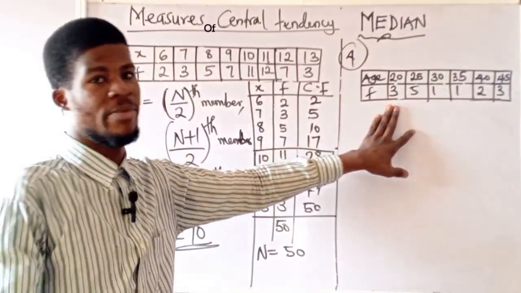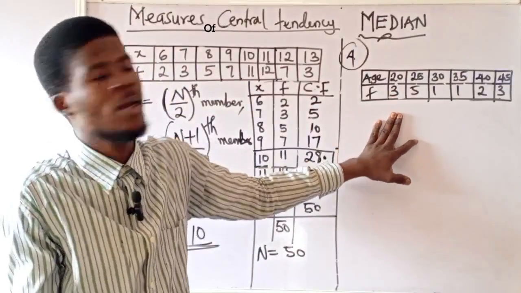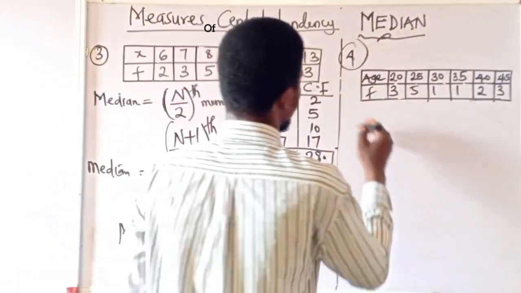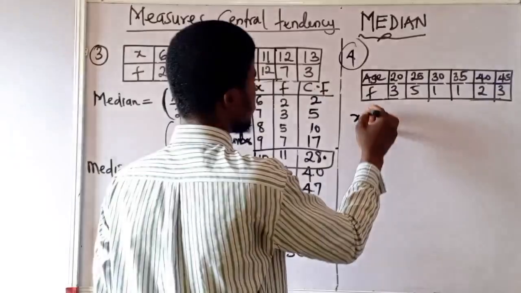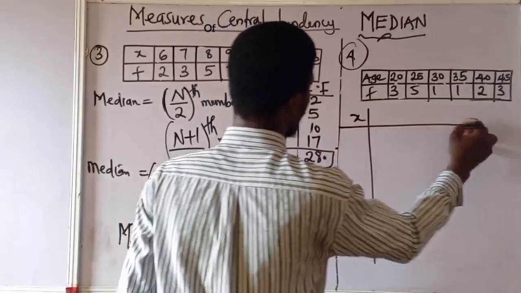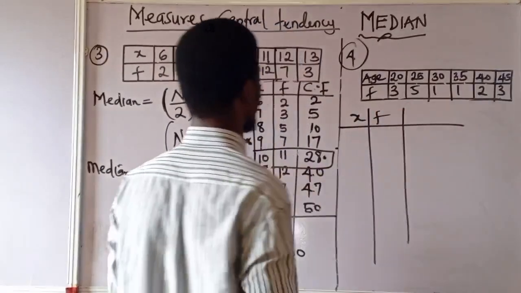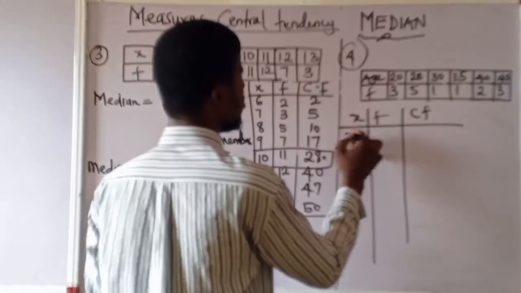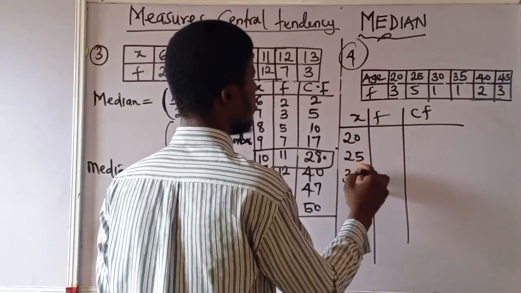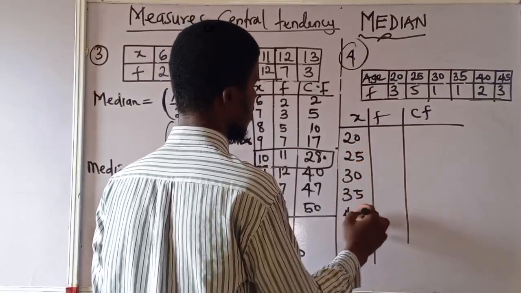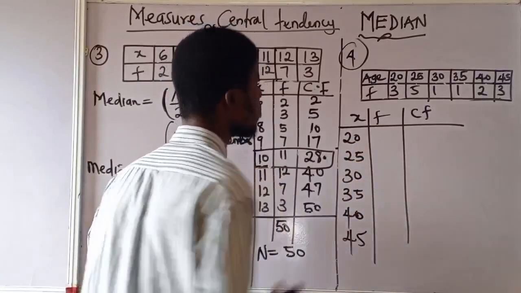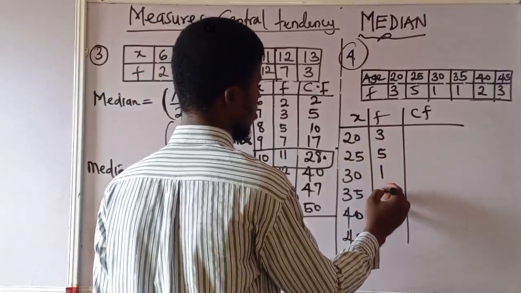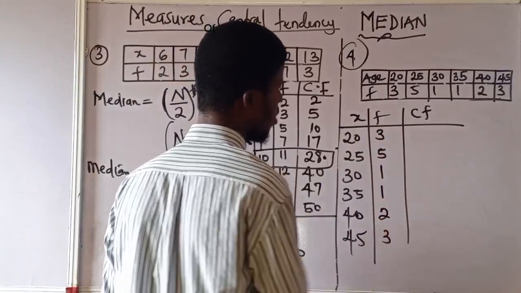Likewise, if we are to determine the median age of this distribution, this is a distribution of the ages of some persons somewhere and their frequencies. So the age is the X. And we also determine the cumulative frequency. We have 20, 25, 30, 35, 40, and 45. F, we have 3, 5, 1, 1, 2, 3.